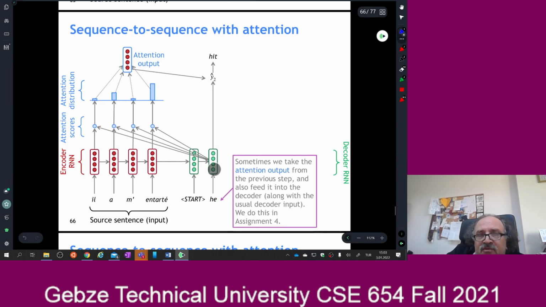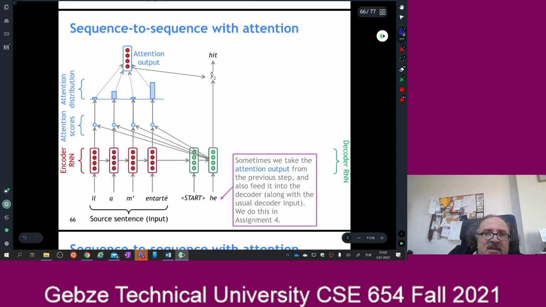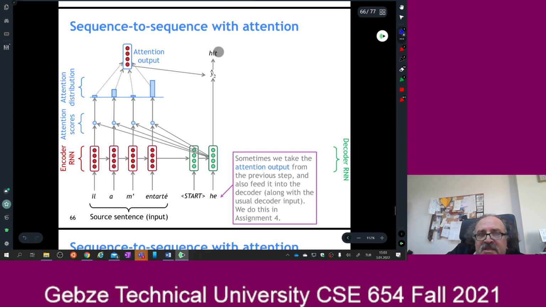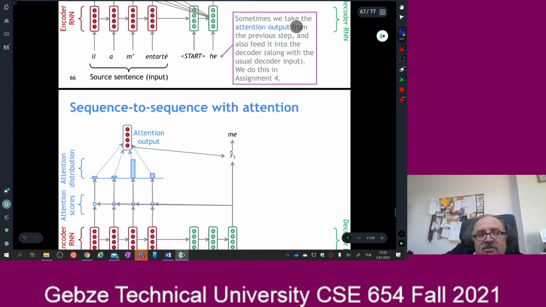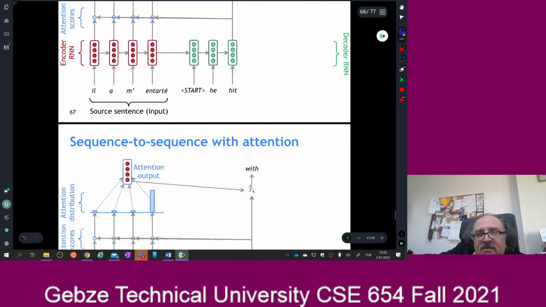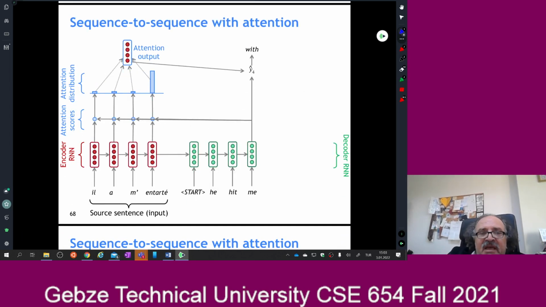And do the same thing with the second word. Get the attention output and put it in this vector form and use it in my network to produce this next word. Continue that way while I am training this network.